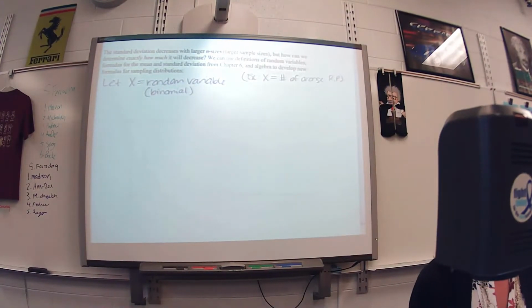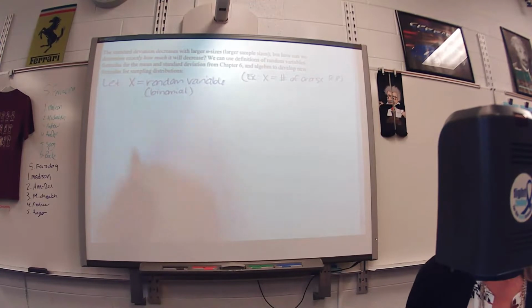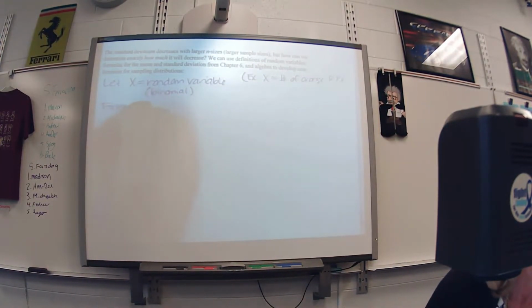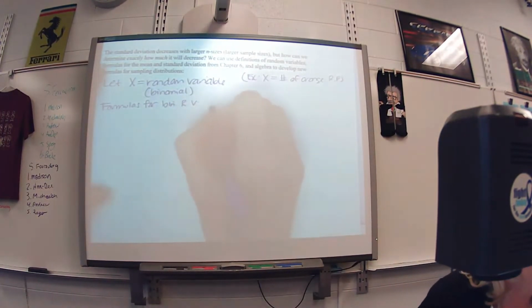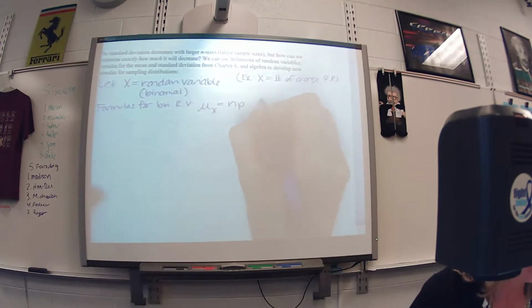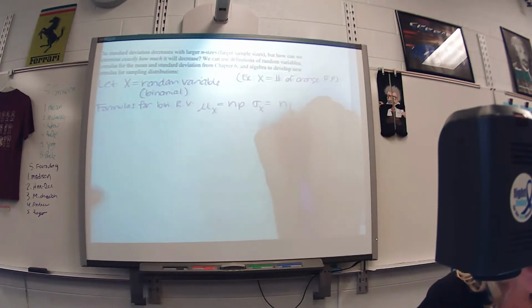Since it is a binomial random variable, we have some formulas that came from our formula page. Formulas for binomial random variables. Those formulas were mu sub x equals n times p, and sigma sub x was the square root of n times p times 1 minus p.